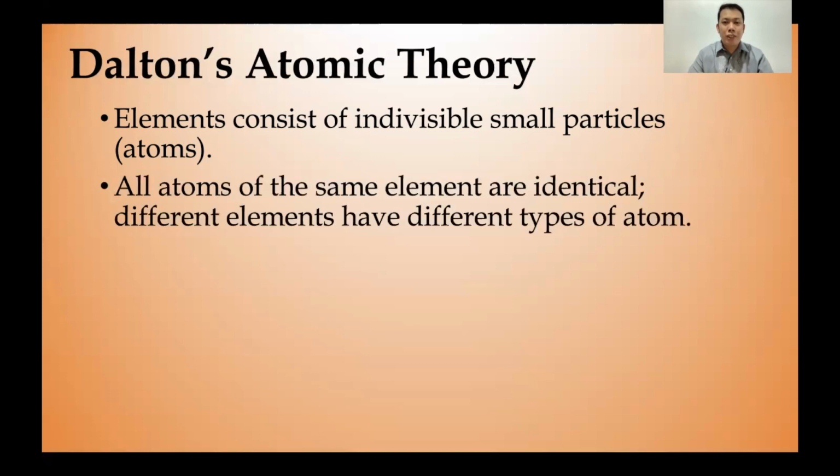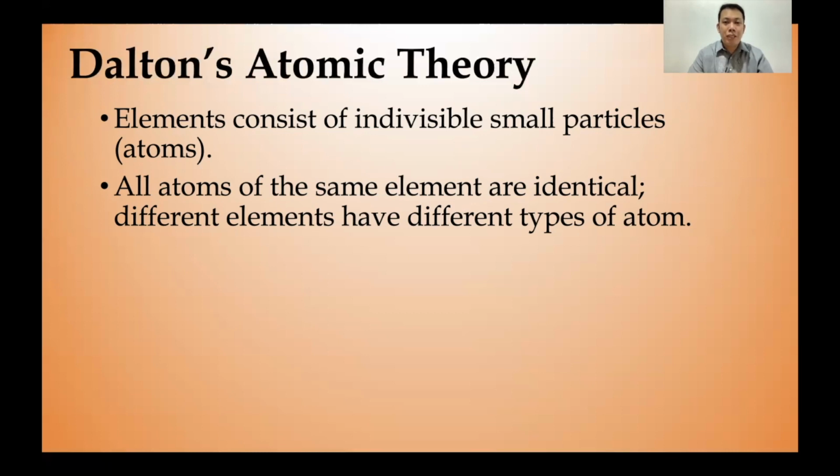Second assumption, all atoms of the same element are identical. Different elements have different types of atoms. For example, the oxygen element is composed of oxygen atoms. Meanwhile, the lithium element is composed of lithium atoms, and so on and so forth.